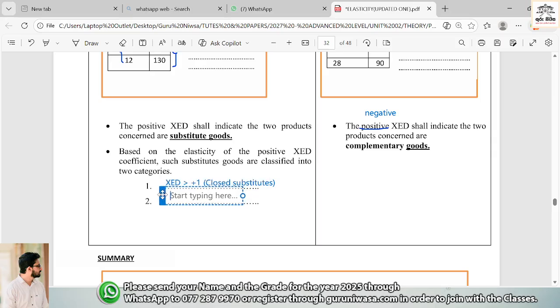Write down: if XED is less than +1, the product is called distant substitutes. Distant means far away, not close.